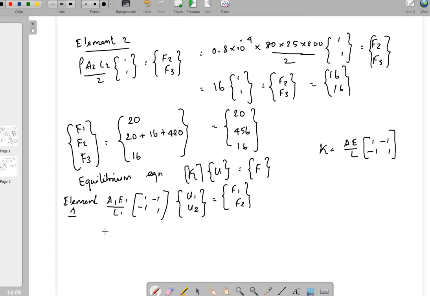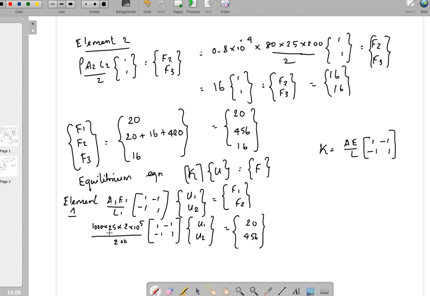Now we can substitute the A1 value and E1 value. So A1 is B into T, that is 100 into 25, E1 is 2 into 10 power 5, divided by L1, which is 200. So 1 minus 1 minus 1 1 and the vector form of U1 U2, which is equal to the force vector. We know F1 is 20, F2 is 456. When you simplify this, you get a common 10 power 6.